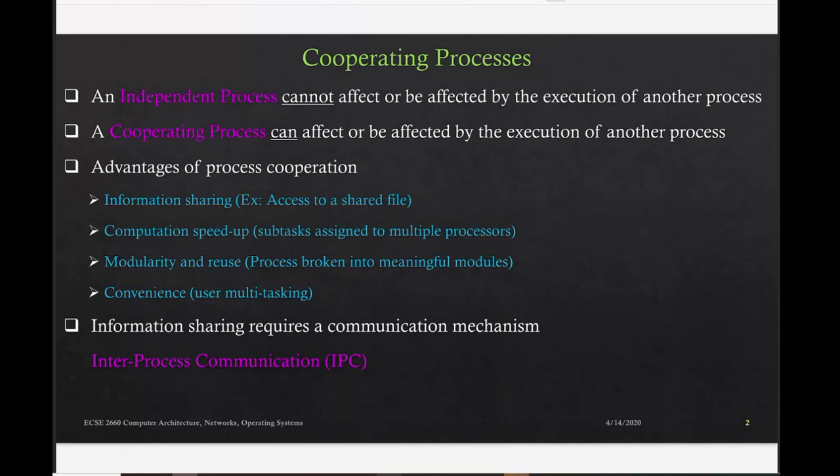For example, think about a data acquisition system that is acquiring data and passing some information to a subsequent module, say a control system, which is maybe actuating a motor.